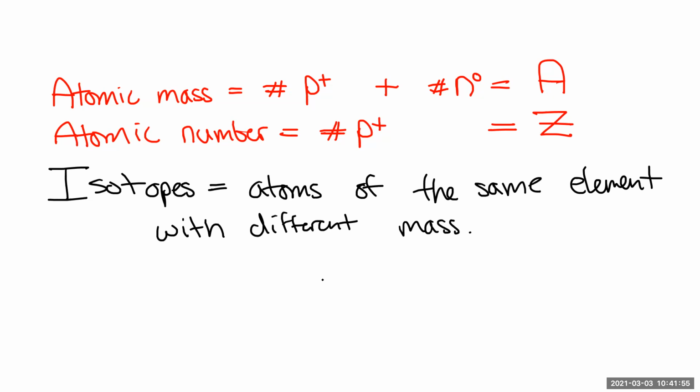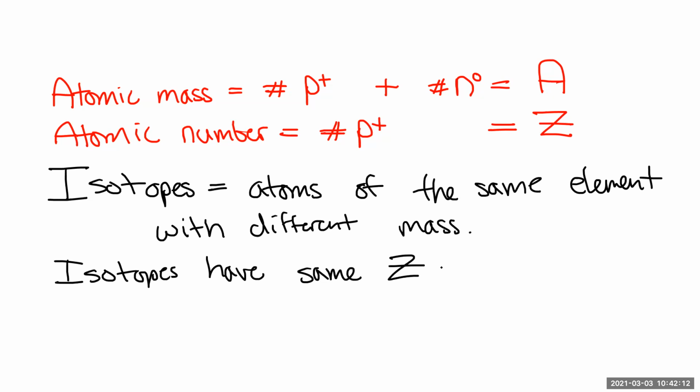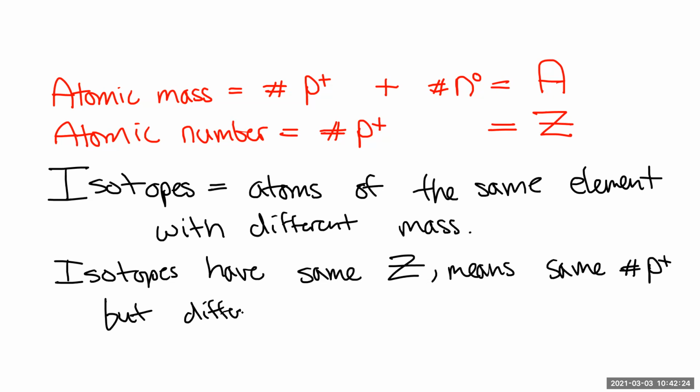Well, since the atomic number is associated with what the element is, then this means isotopes have the same atomic number, which means same number of protons in that nucleus, but different number of neutrons, giving rise to a different atomic mass.